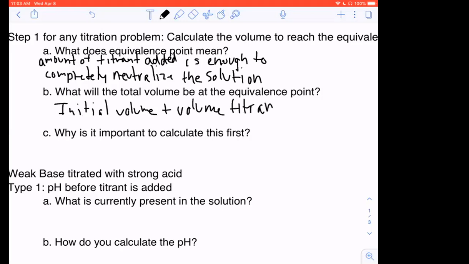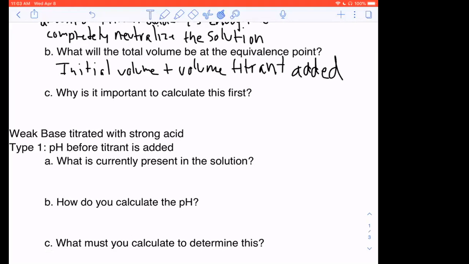That will be really important when you get to the calculations of pH at the equivalence point, because you'll need to use that overall new volume. And as for why it's important to calculate this first, the main thing is it lets you know whether the calculation you need to make is one at the equivalence point or before the equivalence point. So it just lets you know where you are relative to the equivalence point.